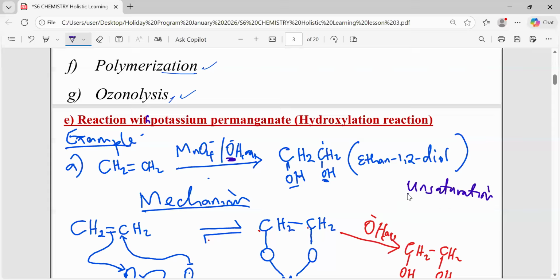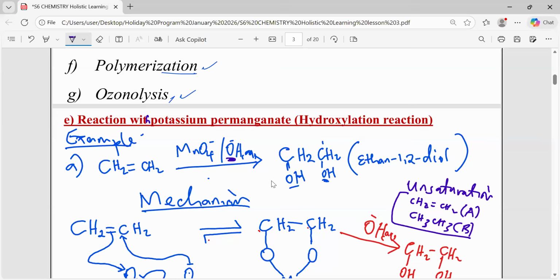If we have two compounds, like ethene and ethane, maybe this one is compound A, and this is compound B. You don't know whether A is an alkene or B is an alkene. If you want to test which one is an alkene and the other one is not, we can use addition of potassium permanganate.